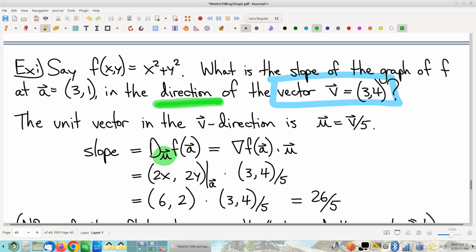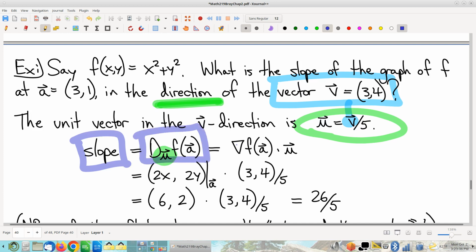It has both a direction and a magnitude, and we want just the direction. Specifically, we want the unit vector that points in that direction. The way we find a unit vector that points in a given direction is you divide your vector by its own magnitude. With that established, our slope is a directional derivative, which is a dot product, and we just got through computing our unit vector.